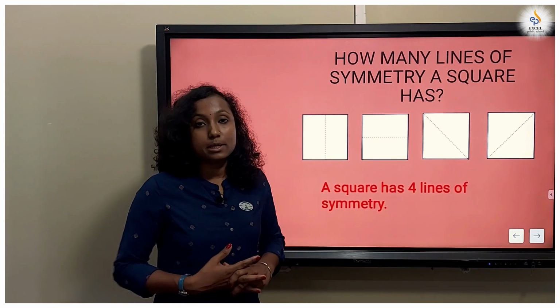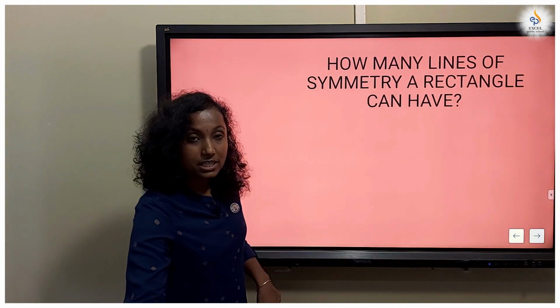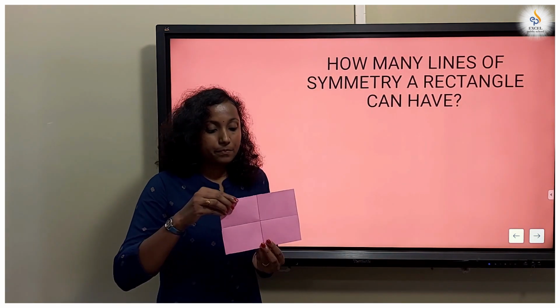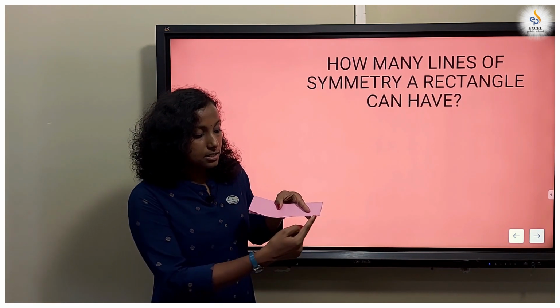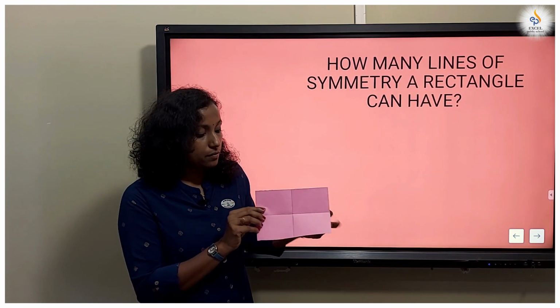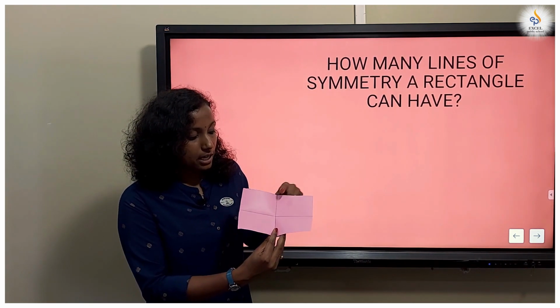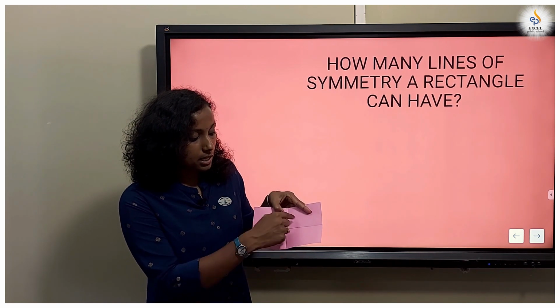Now how many lines of symmetry can a rectangle have? Yes, a rectangle can have 1. You can see that the corners are exactly meeting each other, so there is 1 line of symmetry. Now I can fold a rectangle like this, so there are 2 lines of symmetry.